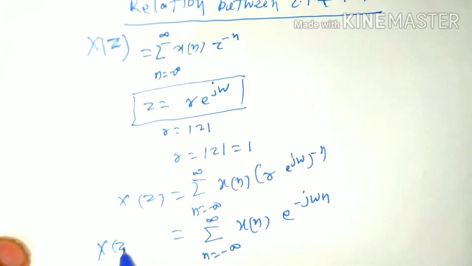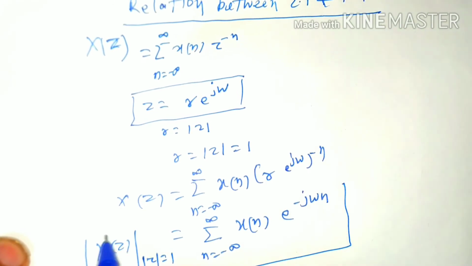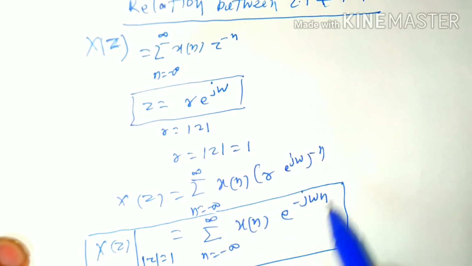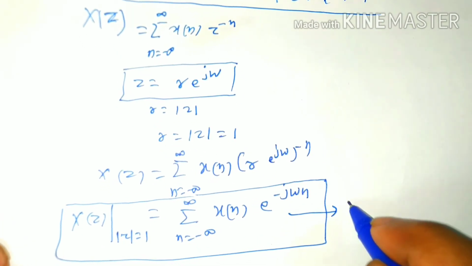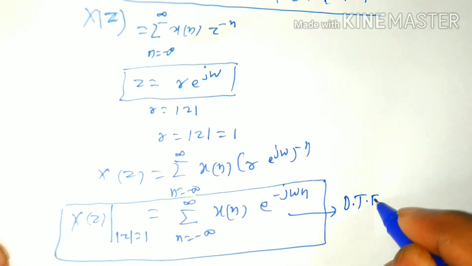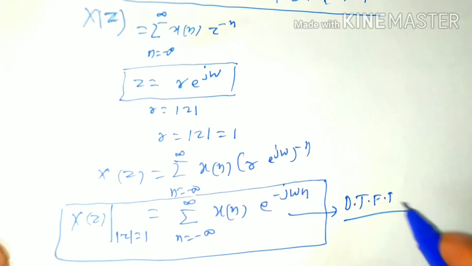This one is when modulus of Z equals 1, and this is the expression for discrete time Fourier transform.